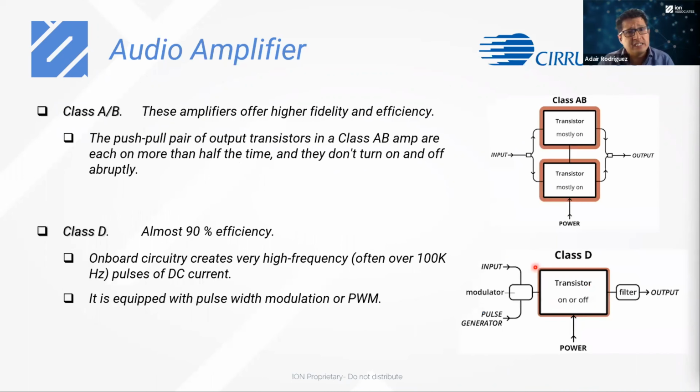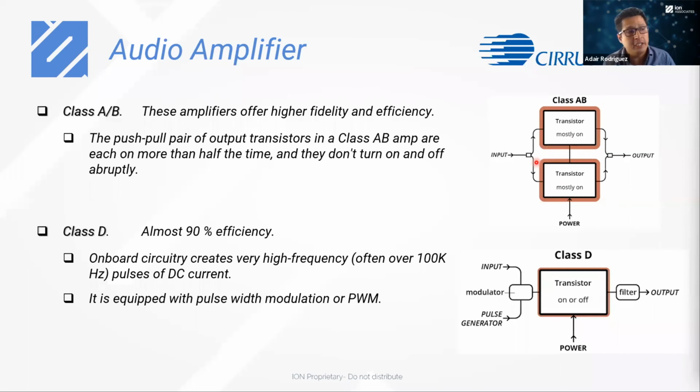We also have the Class AB amplifiers, which have a similar push-pull transistor configuration to Class B. The difference is that there is a delay in the on and off conditions, in order to turn the transistor on and off really quickly, so we can have a little bit better efficiency.